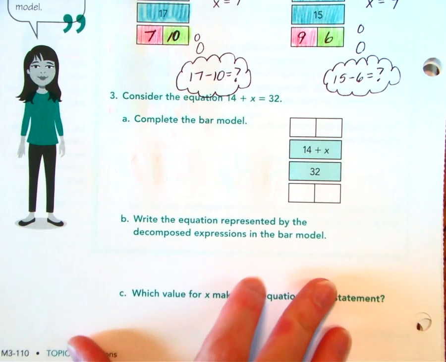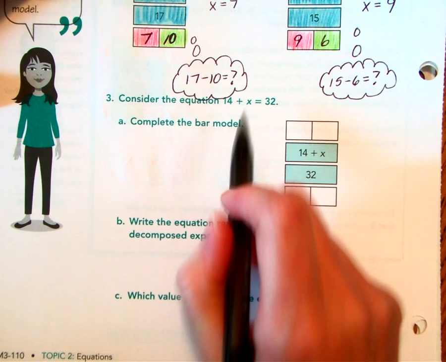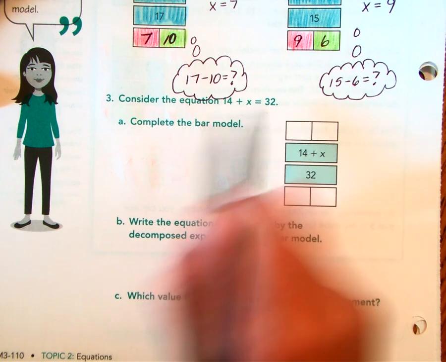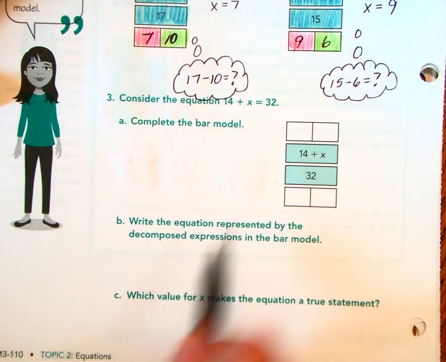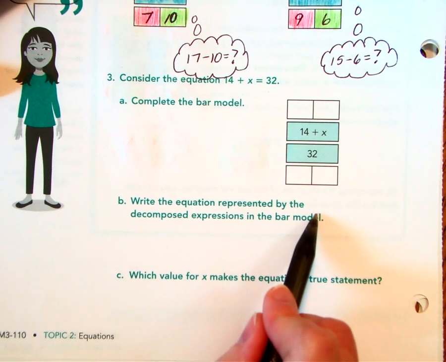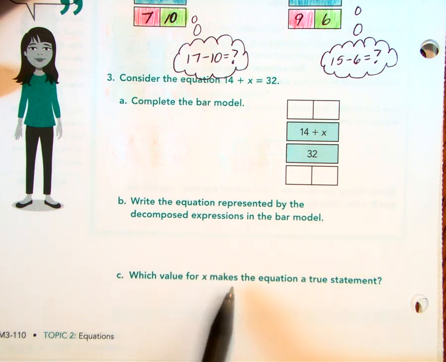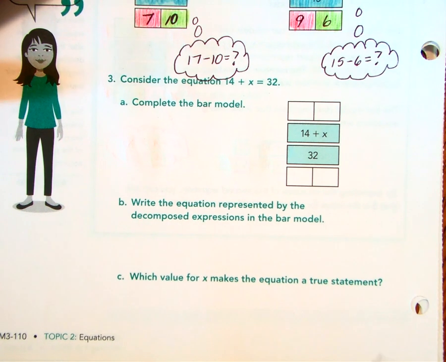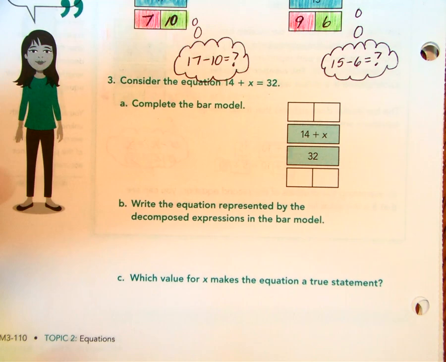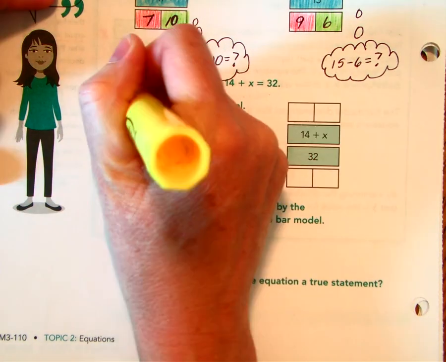Number 3, consider the equation 14 plus x equals 32. It wants you to complete the bar model, write the equation represented by the decomposed expressions in the bar model, and say which value for x makes the equation a true statement. So we've got a three-parter here, but we've walked through all these parts previously.